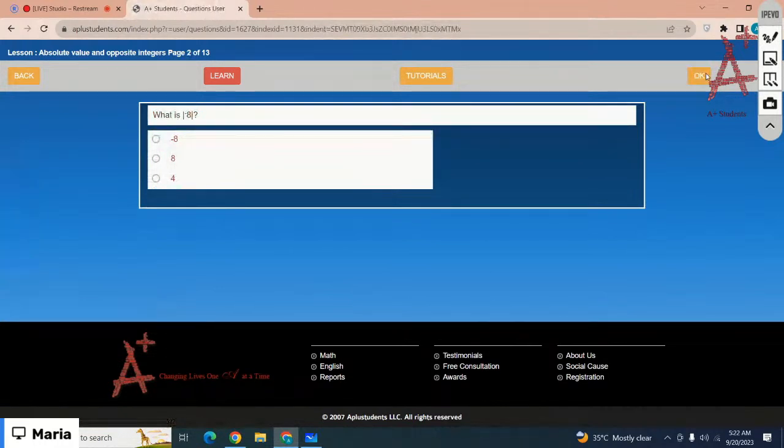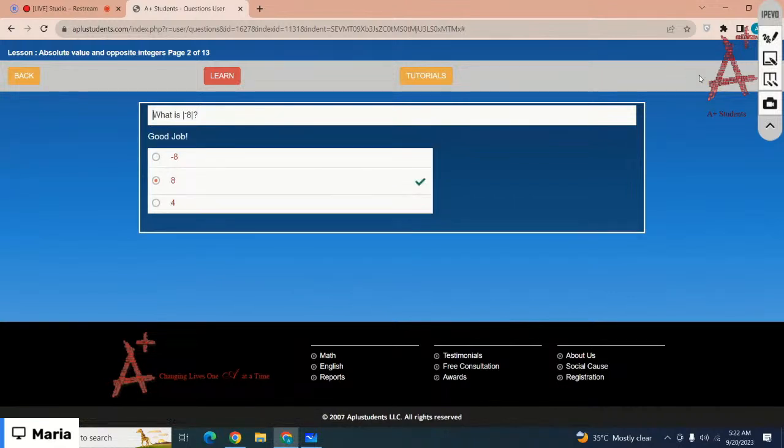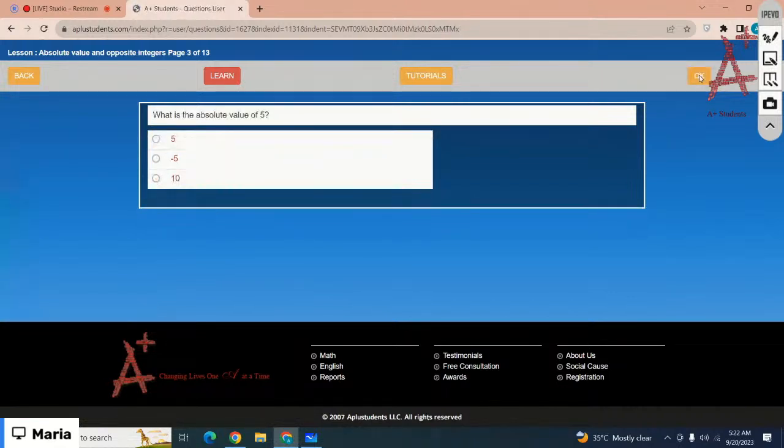What is the absolute value of negative 8? The correct option is, yes, it is. Absolute values are always the positive values, so it would be positive 8. What is the absolute value of 5?